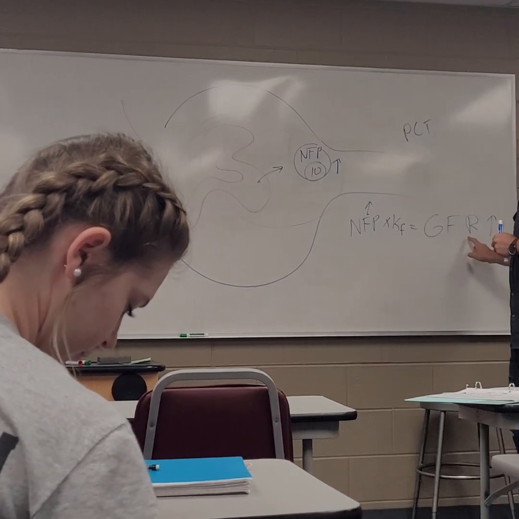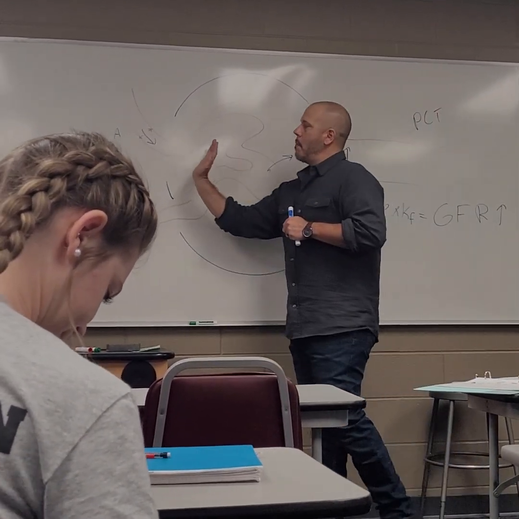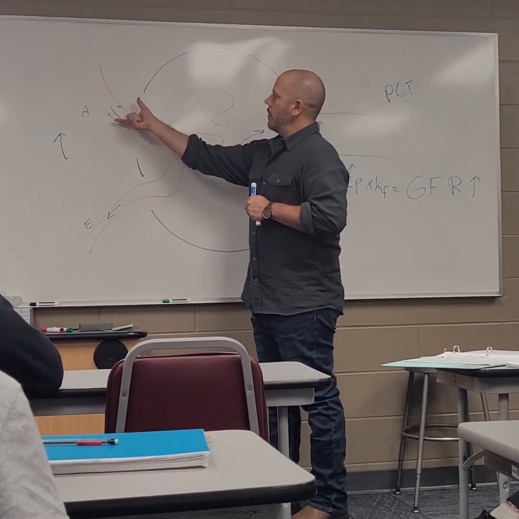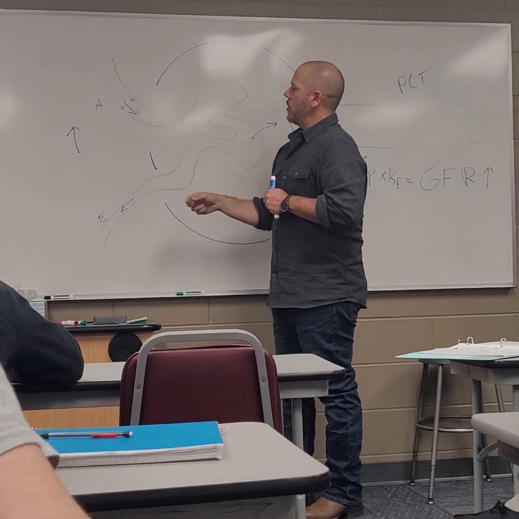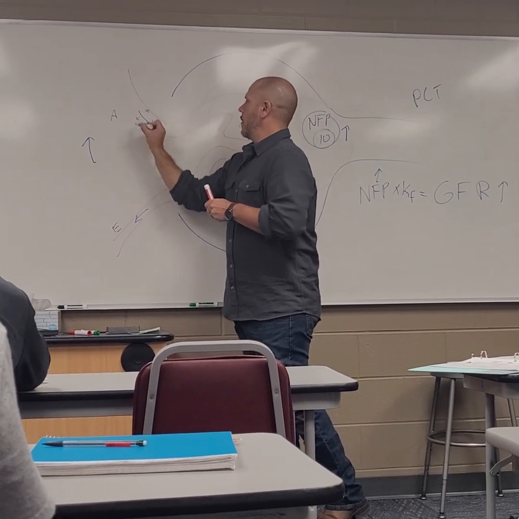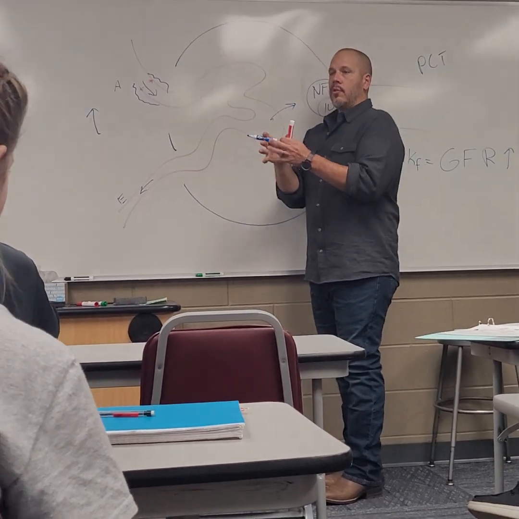So what if I don't want that to change? I don't want my glomerular filtration rate to go up, even though my body's blood pressure is going up. Well, when that afferent arteriole expands, it causes the smooth muscle that surrounds that blood vessel to contract.